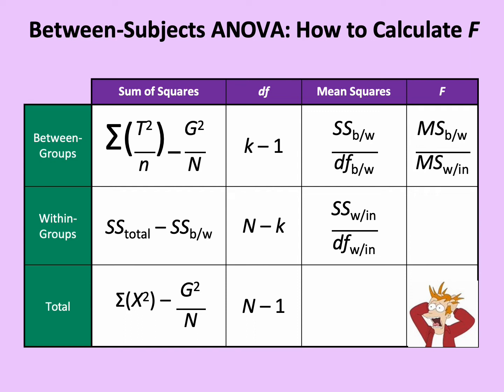So we have the sum of squares, for example, minus the grand total squared over capital N, okay? And we know what K is, we know what capital N is, okay? And SS just means sum of squares, okay? So we know what all these numbers are.